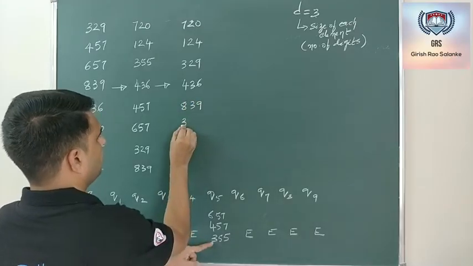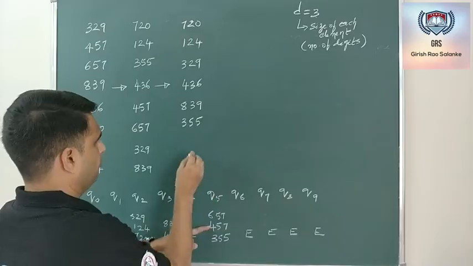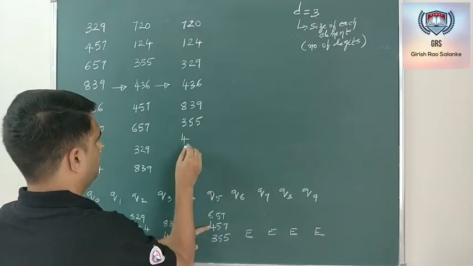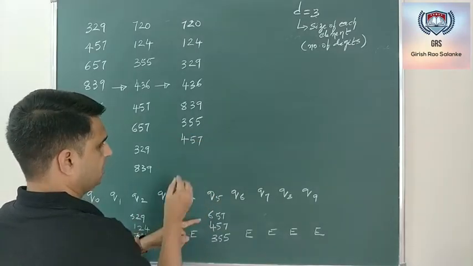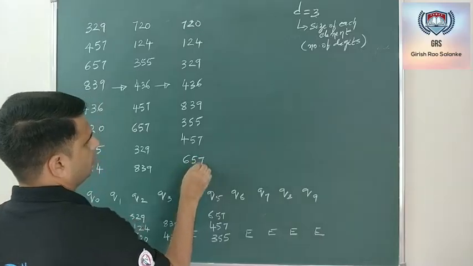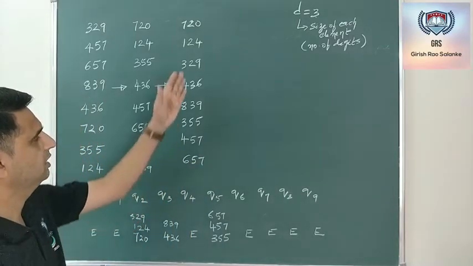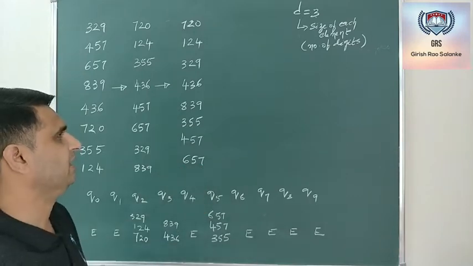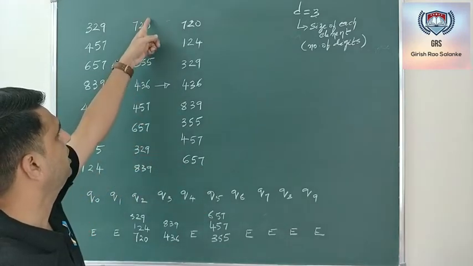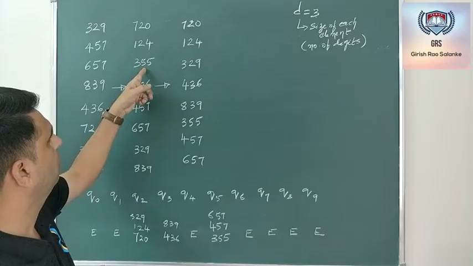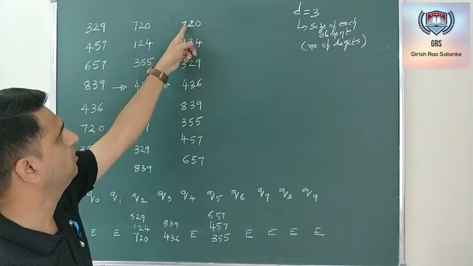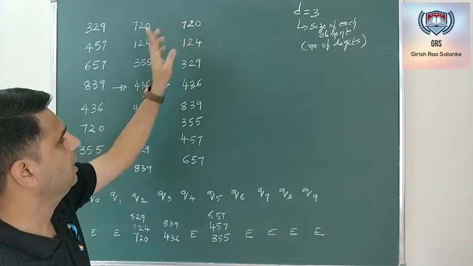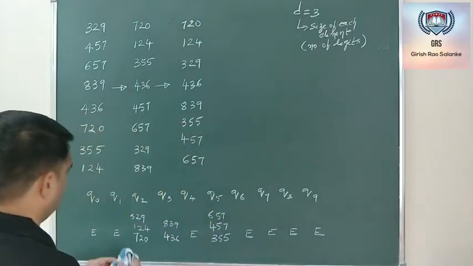Next is 355, 457. Next 657. Now these were the elements after the second iteration. First I considered d is equal to 1, then d is equal to 2, which is over. Now I should consider d is equal to 3. I need to come to the highest order digit.